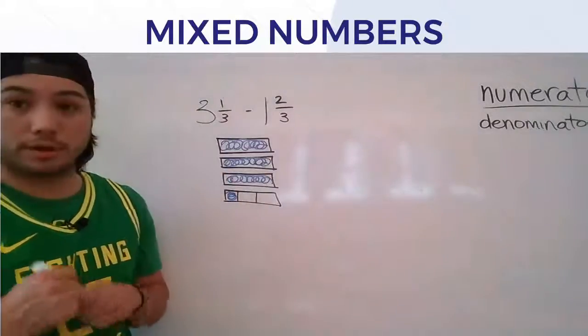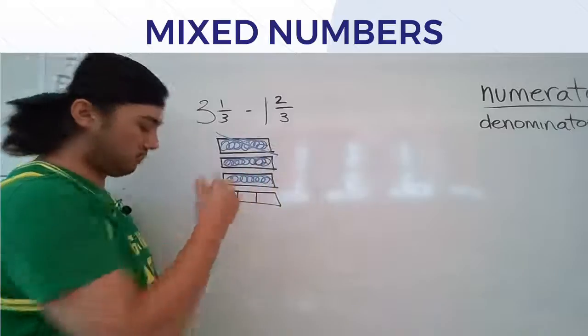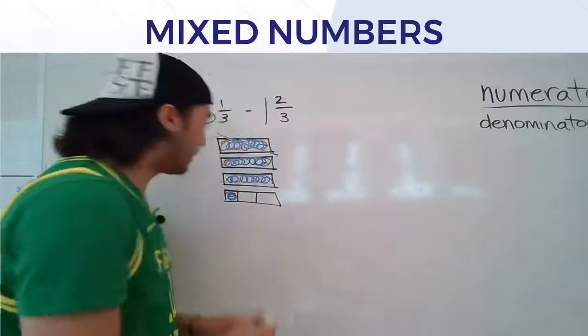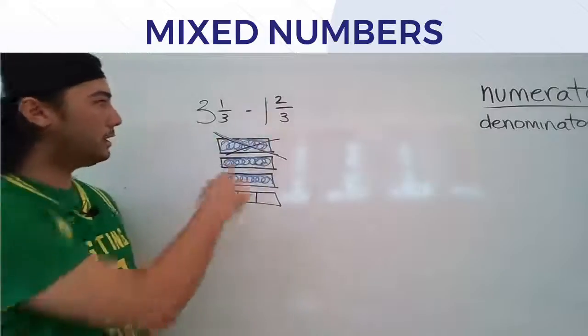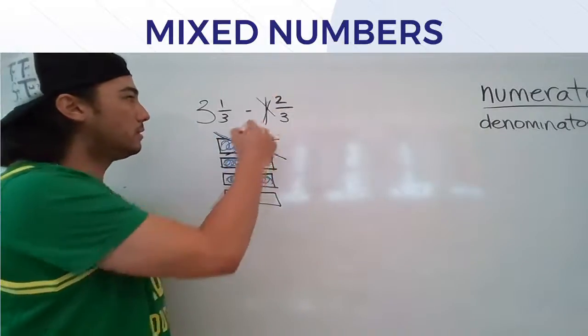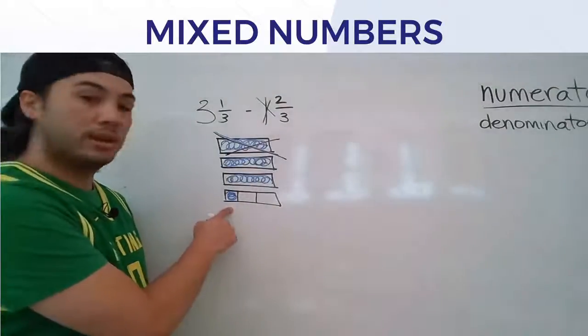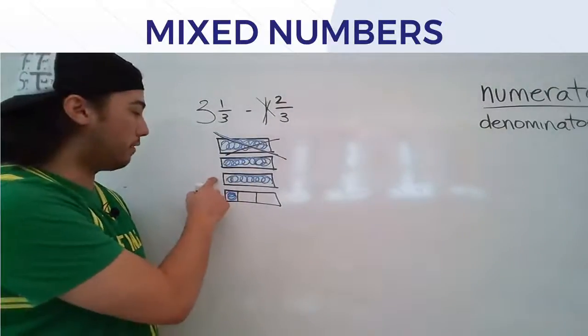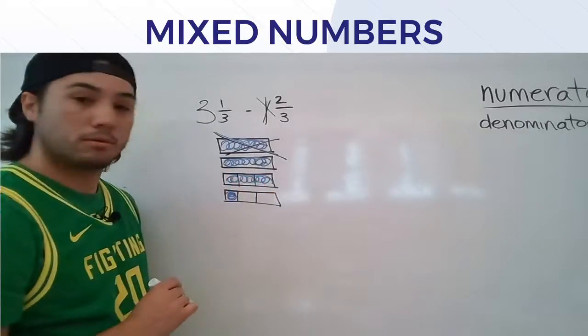1 2/3. Okay, so we're going to subtract the 1 straight away. Just, oops, go back to the black here. Get rid of one of those. Subtract it. Now we need to subtract our 2/3. But we can't do that yet. So we've got to take one of our whole numbers, break it into thirds.